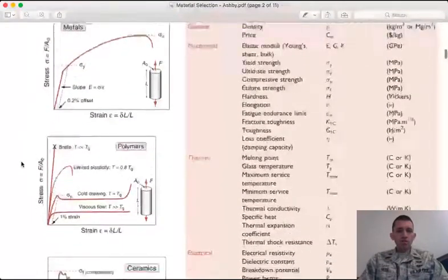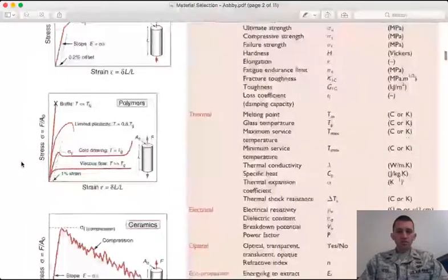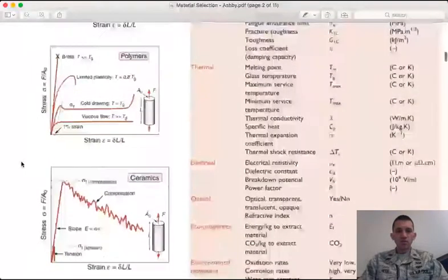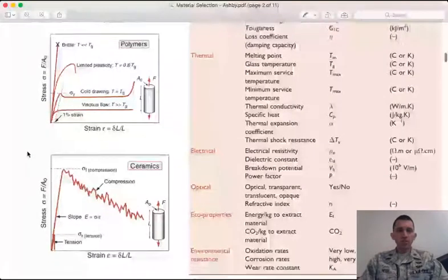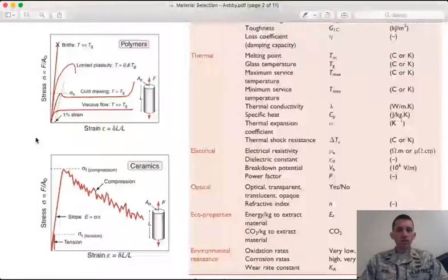So stress strain mechanical properties is important for metals, obviously, but also for the polymers and ceramic materials as well. But the nature of the mechanical behavior varies significantly.